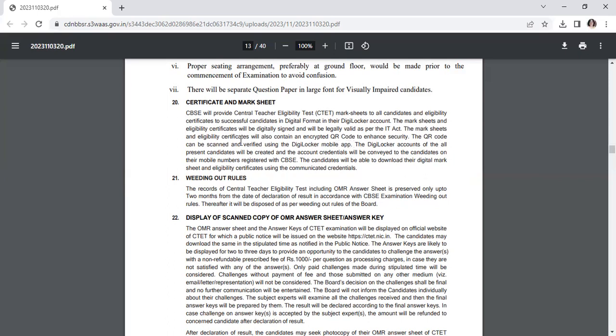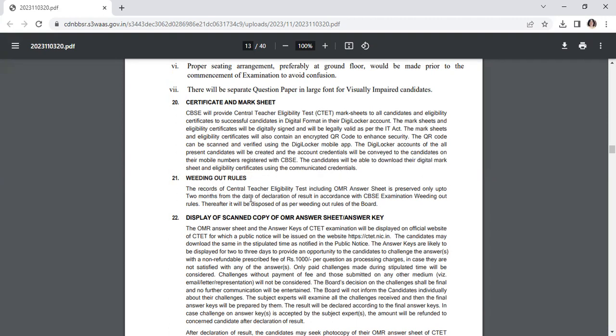The QR code can be scanned and verified using the DigiLocker mobile app. The DigiLocker accounts of all the present candidates will be created and the account credentials will be conveyed to the candidates on their mobile numbers registered with CBSE. The candidates will be able to download their digital mark sheet and eligibility certificate using the communicated credentials.